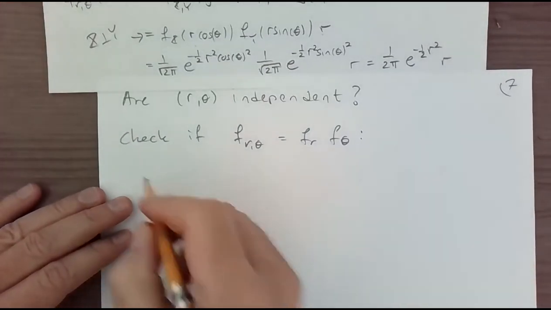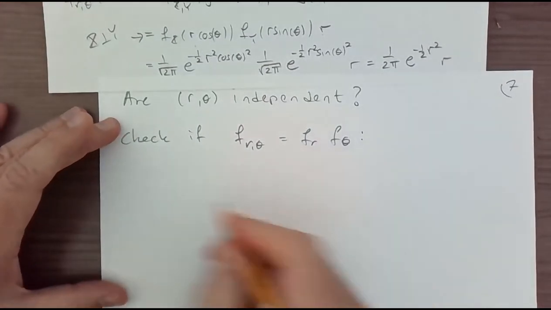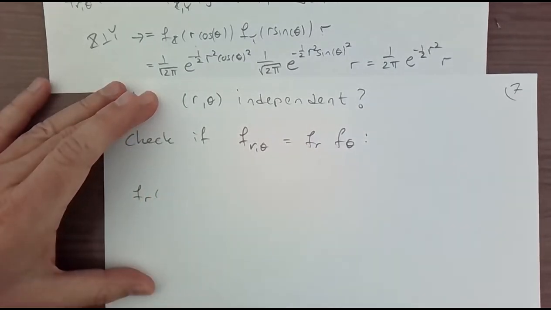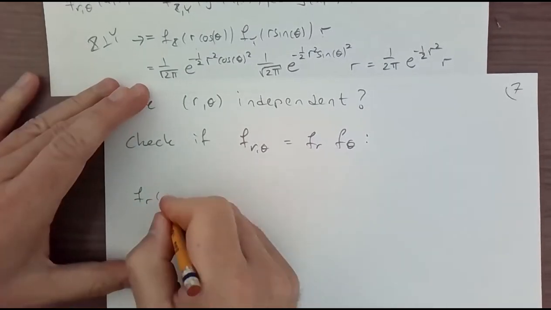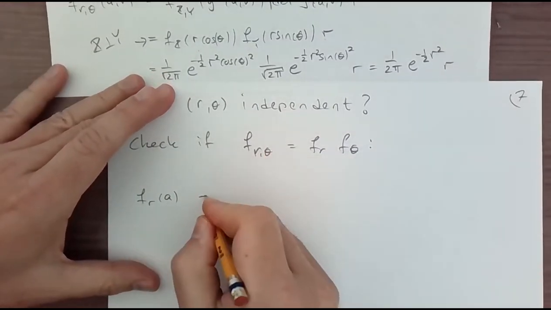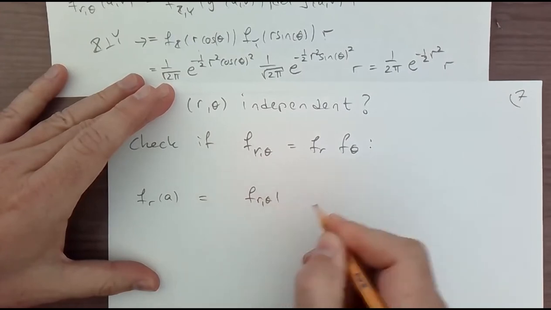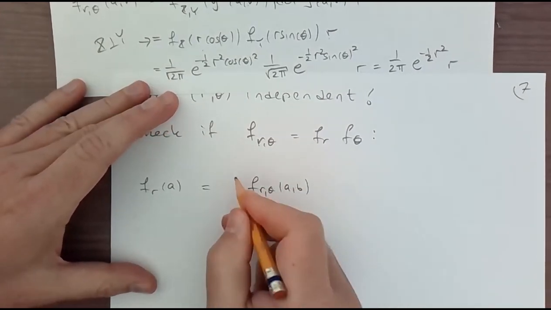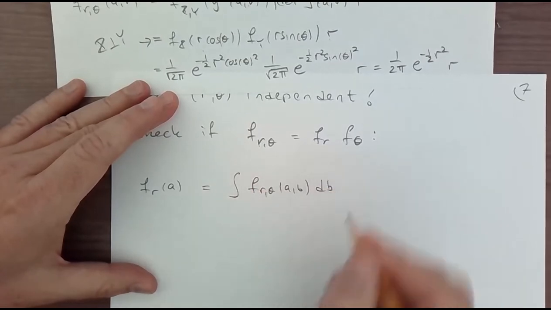So we can get, for example, f of R of say a, by looking at f of R theta of a and b, and then we integrate out the other variable.